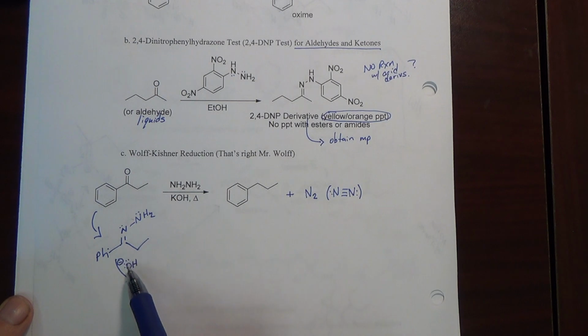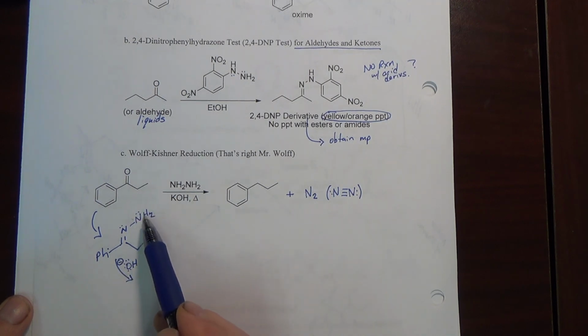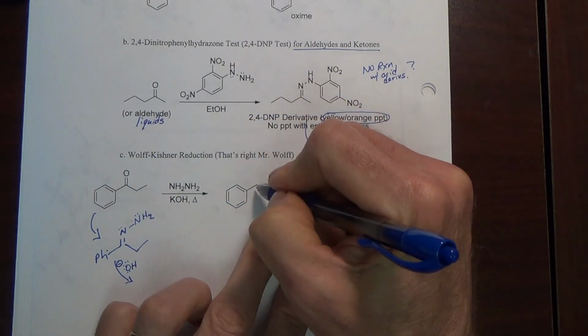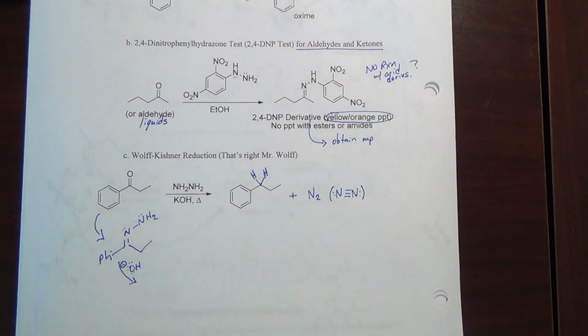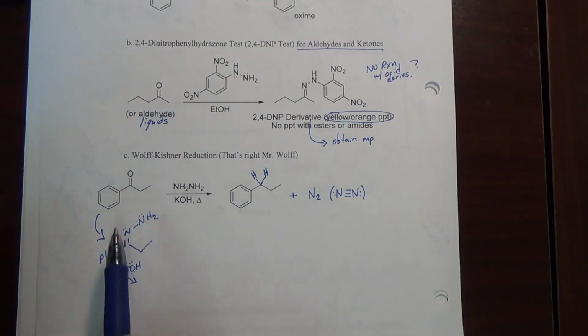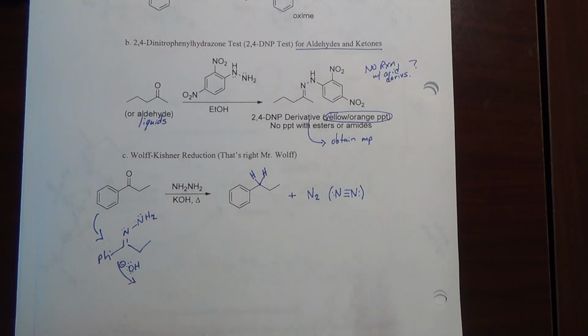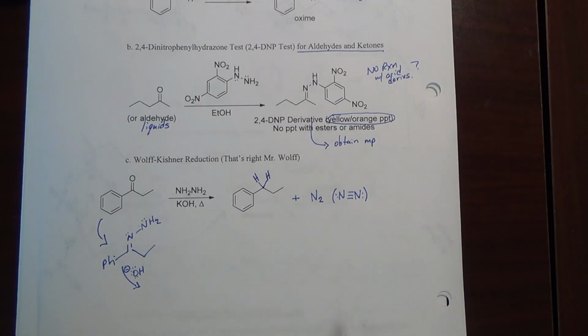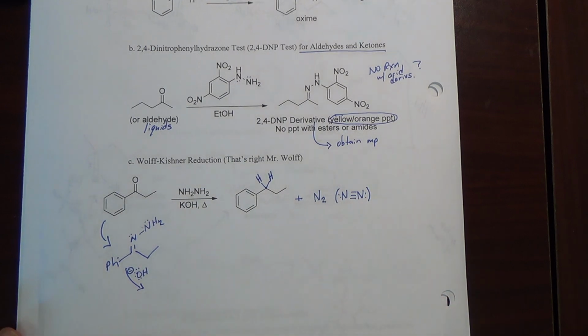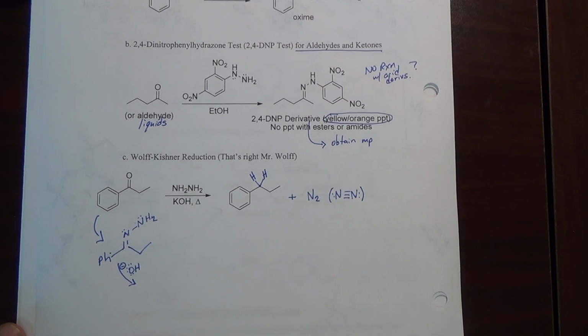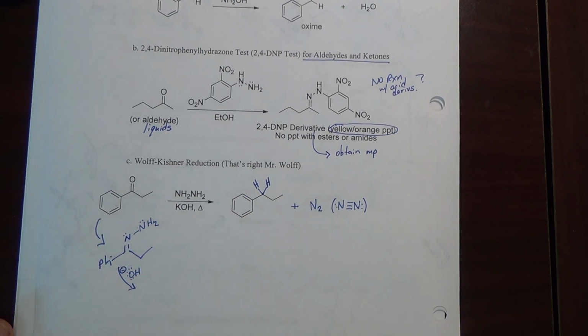If you want to give this a try, the first step is deprotonating this nitrogen, doing resonance structures. Keep in mind, we want to get two H's on the carbon. It's really just a series of removing H's, doing resonance, and putting them back on carbon. But eventually we're going to have to kick off that carbon, and that's when we generate the nitrogen. You might give it a try on your own. We'll pick up here in the next video.